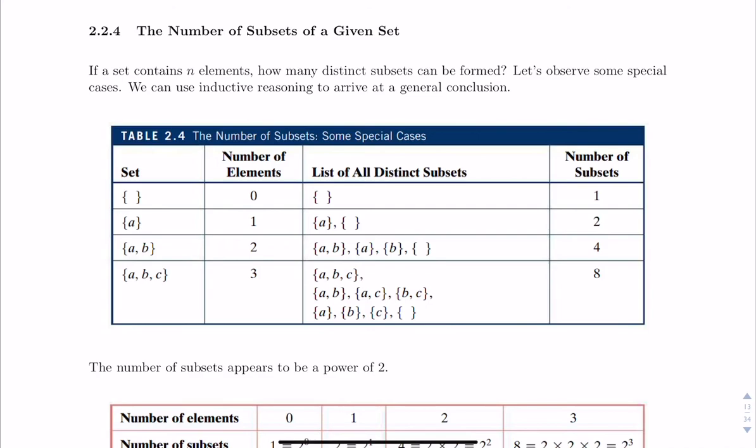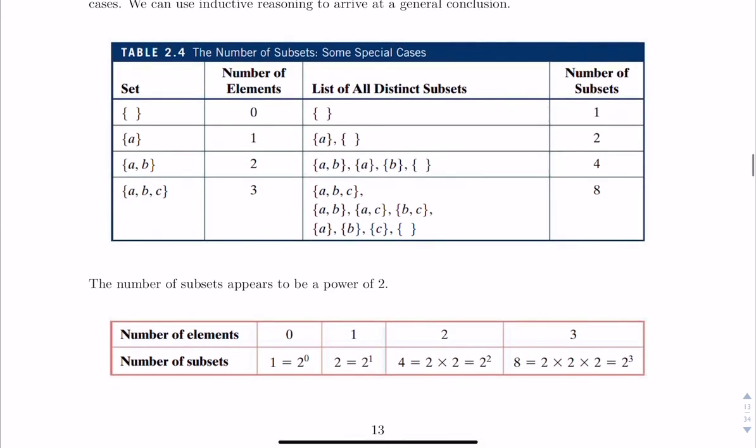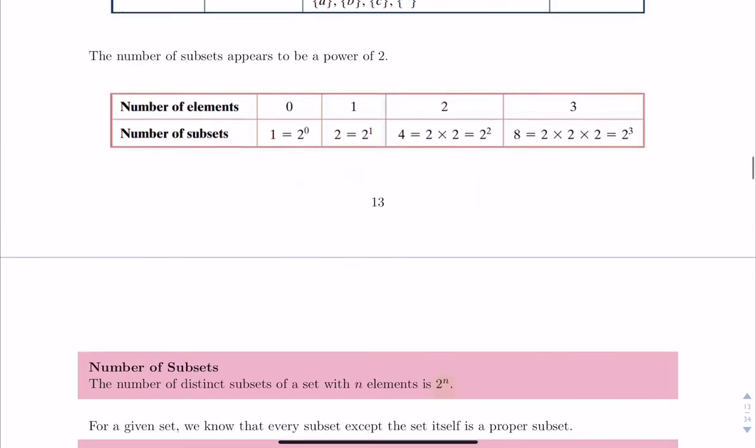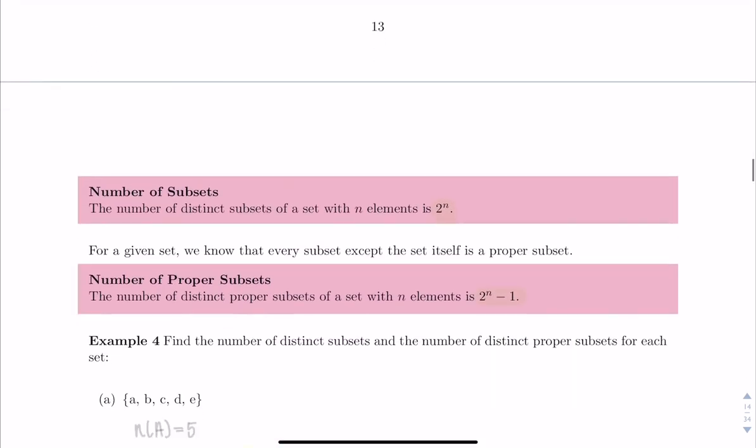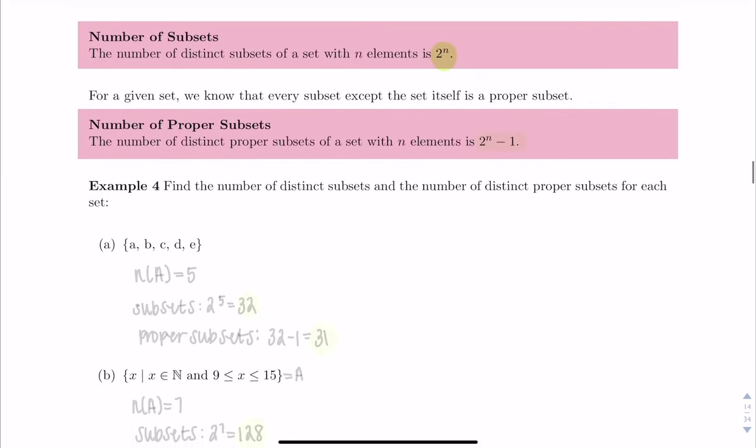If I have set AB, which has 2 elements, I have the original set, set A, set B, and the empty set, which gives me 4. And so the number of subsets appears to be a power of 2. So the number of distinct subsets of a set with n elements is 2 to the n.